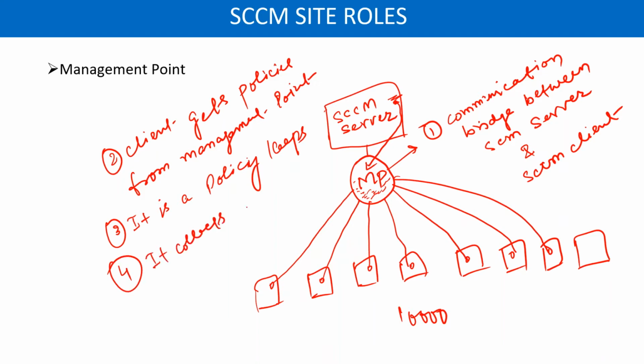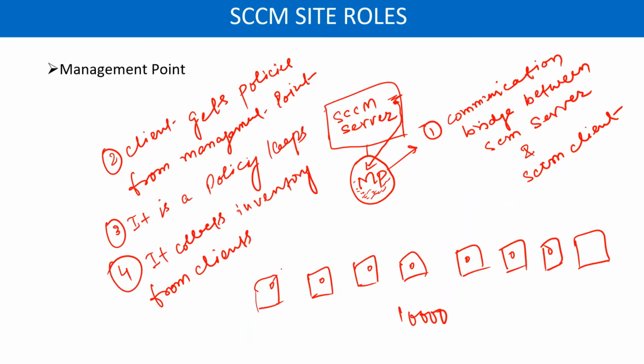Point number 4, it collects inventory from the devices. It collects inventory from clients. So clients will send the inventory data. Whatever hardware and software is present in this machine, it is going to send to the management point, right?